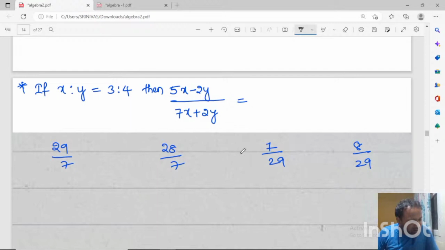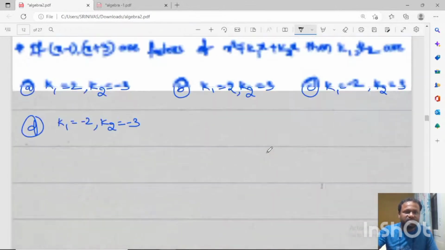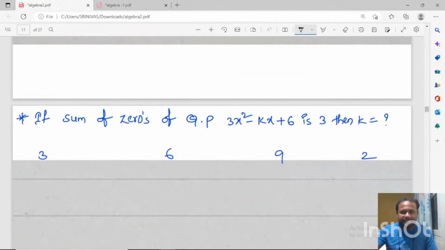Yes, one more question, Sahana. What is the meaning of sum of zeros? You're saying that zeros are nothing but roots. In a quadratic equation, roots we say.